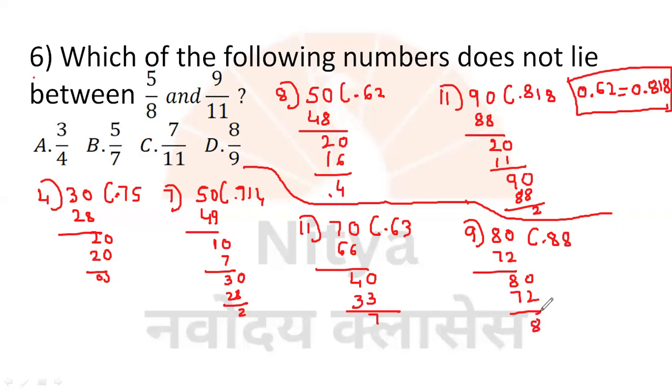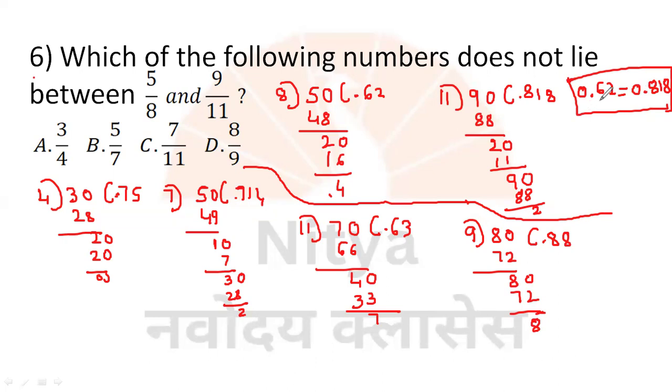And again 8. So we have to find which fraction does not lie between 5 by 8 and 9 by 11. We already converted the fractions into decimal numbers, no? So 0.62 and 0.818. We have to check which number does not come between these numbers.